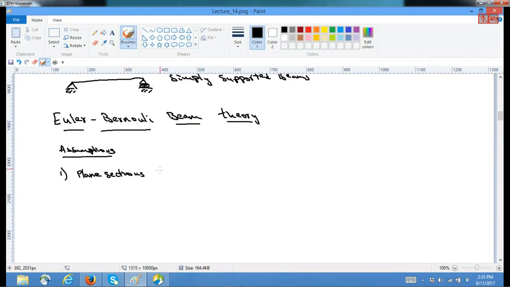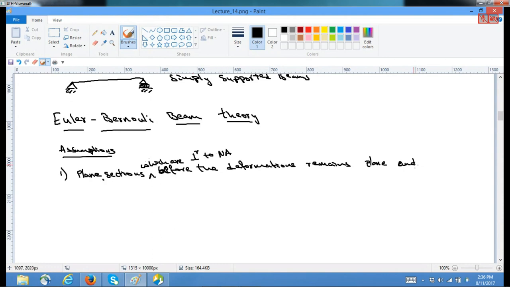Plane cross sections before the deformation remain plane, and we have to say plane sections which are perpendicular to the neutral axis before the deformation remain plane and perpendicular even after the deformation. This is one of the basic important assumptions of Euler-Bernoulli beam. This is the first one.